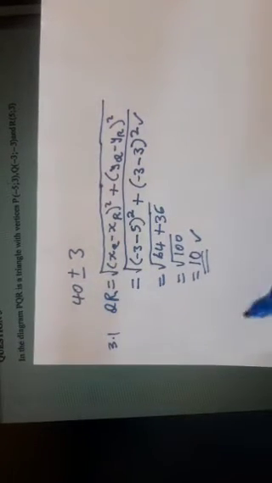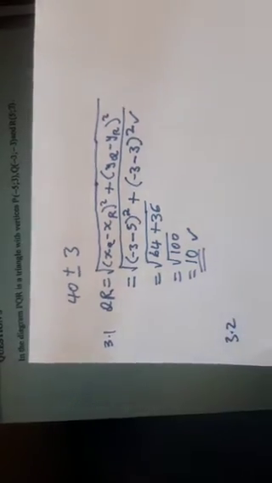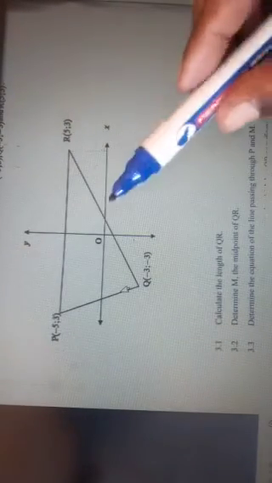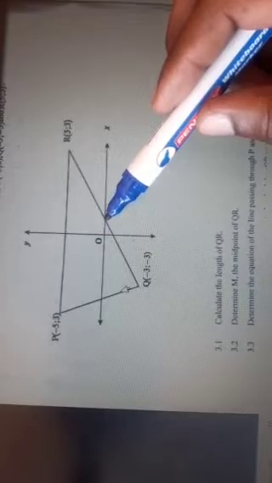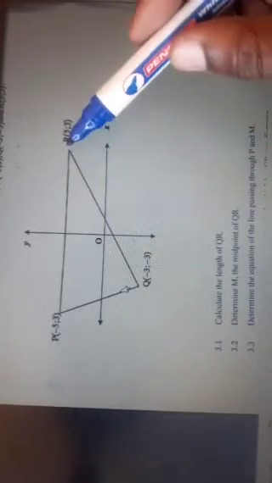Now let's quickly go to number 3.2. They are saying determine M, the midpoint of QR. So M will be somewhere here, the midpoint of QR. We only need the midpoint formula.